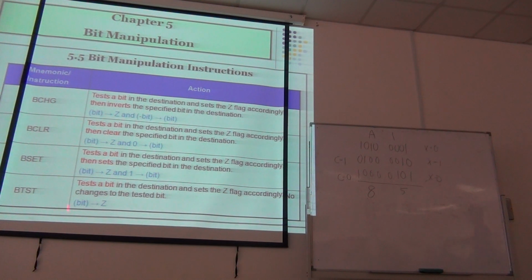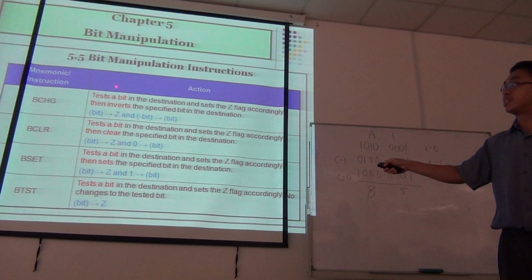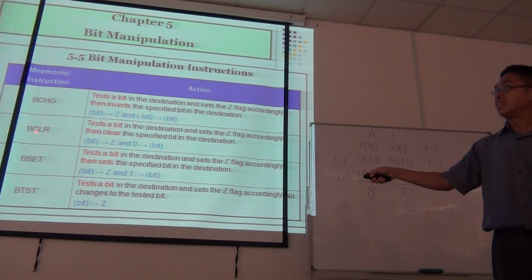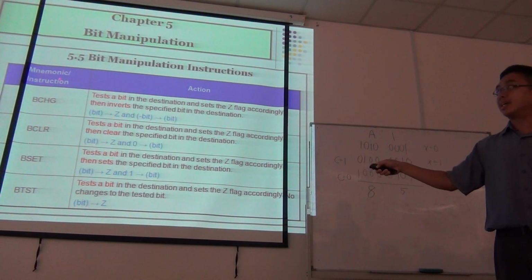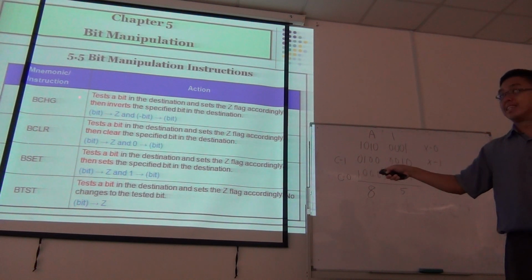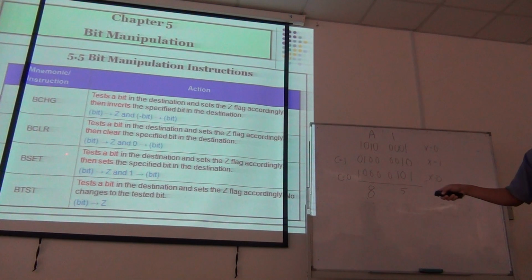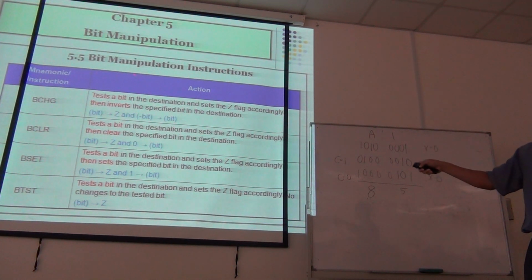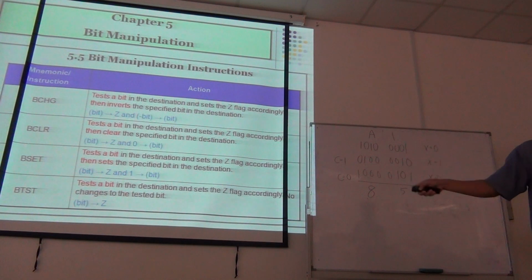These four commands: the first thing is it will test the bit and then change. This one tests the bit and then clears. This one tests a bit and then sets. Set means one. The last one is bit test only, to check whether it's 0 or 1. That's why it refers to the Z flag only. So let's try the first one.